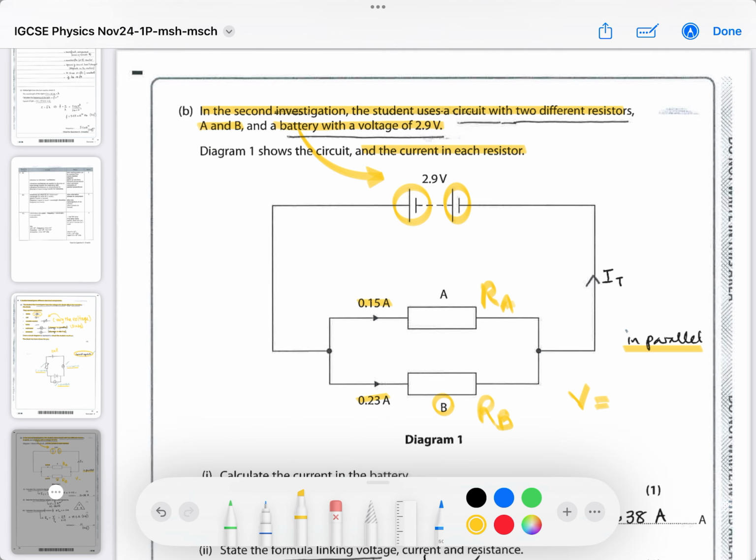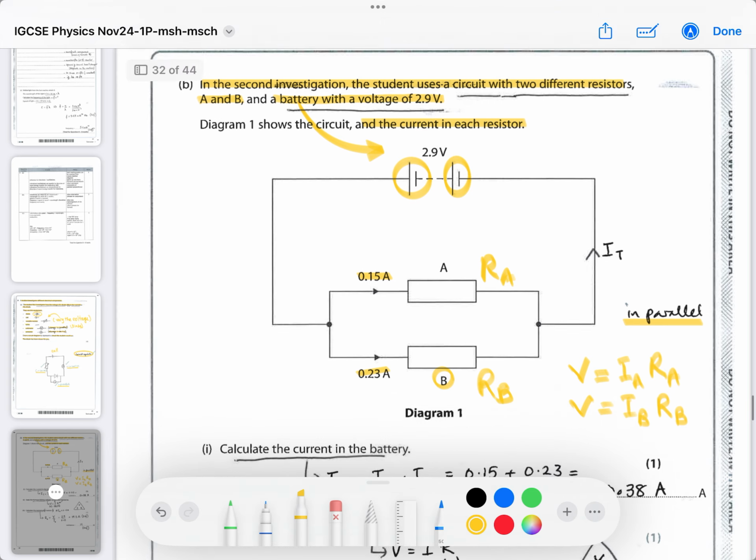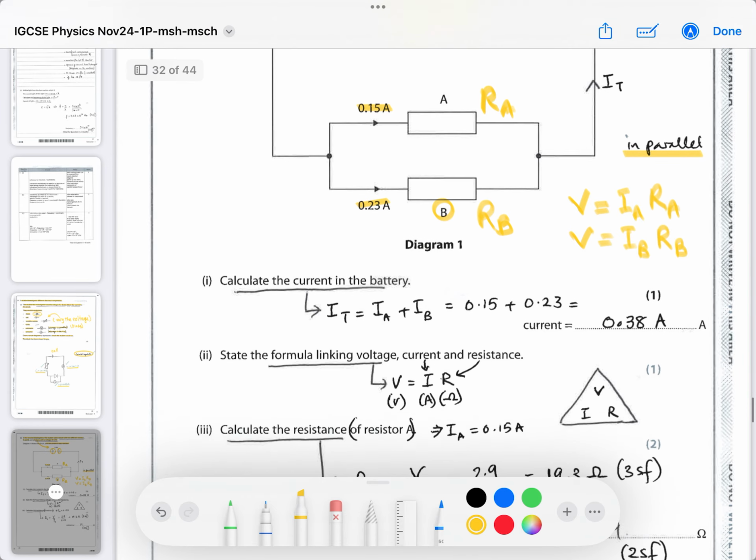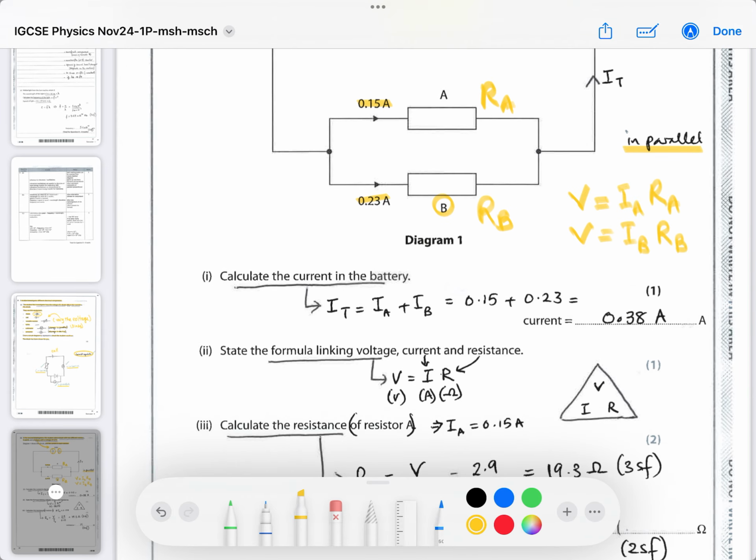So the voltage 2.9 will be equal to the current in A, that will be IA times RA, and it will also be equal to IB times RB. Okay, that's just using the voltage equation. So that's just a preliminary understanding of circuits.